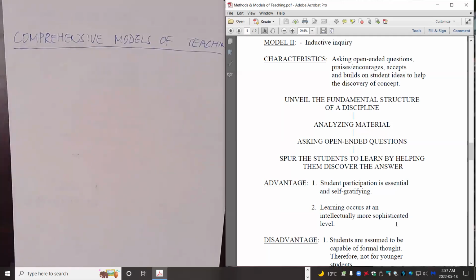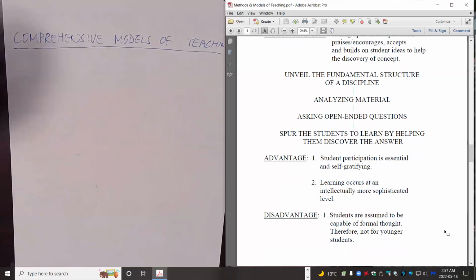So the disadvantage here is that model 2, inductive teaching, inductive learning, rests on the assumption that students have developed formal operational thought.